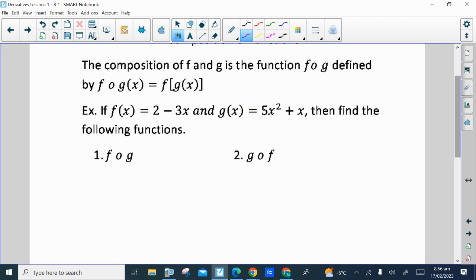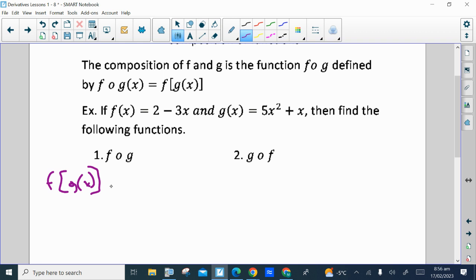So that means that g is embedded into f. So we've got our two functions, f and g. The first one is f∘g, which again means f at g at x. The order is important. Okay? The second letter g is going to be embedded into the first f.